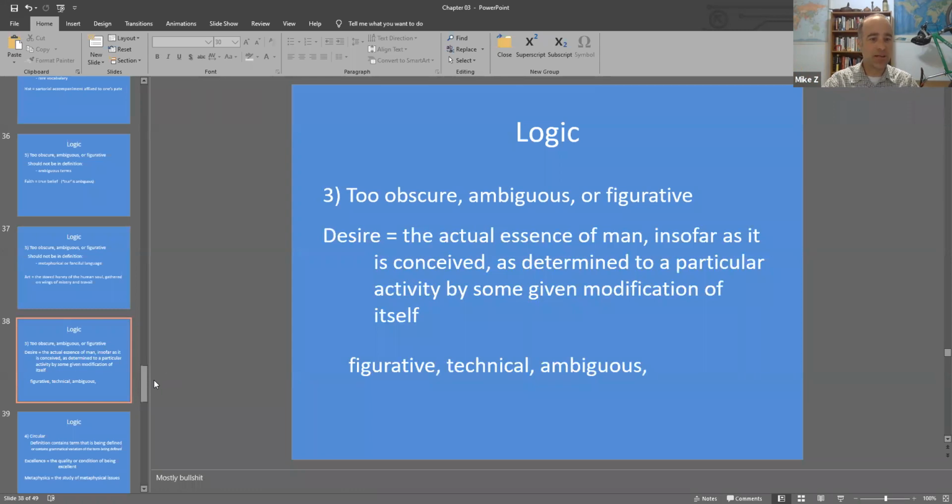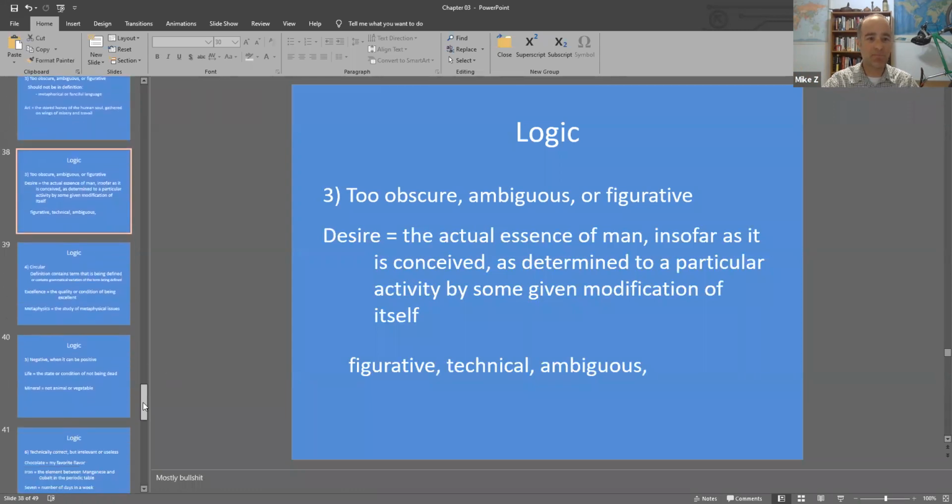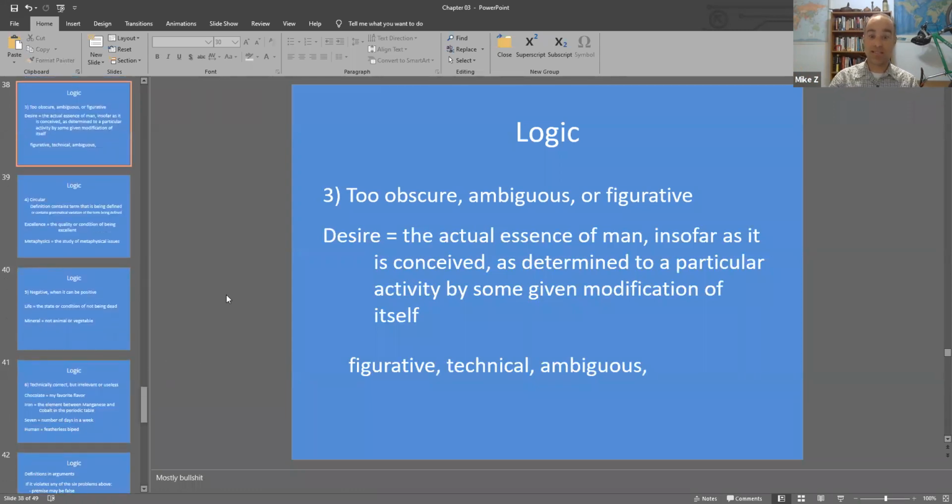Here's another one. This is one that they had in the textbook. So desire. What is desire? It's the actual essence of man, insofar as it is conceived as determined to a particular activity by some given modification of itself. Well, this has lots of problems, right? It's figurative, first of all. It's also got some technical terms in there, essence and that sort of thing.